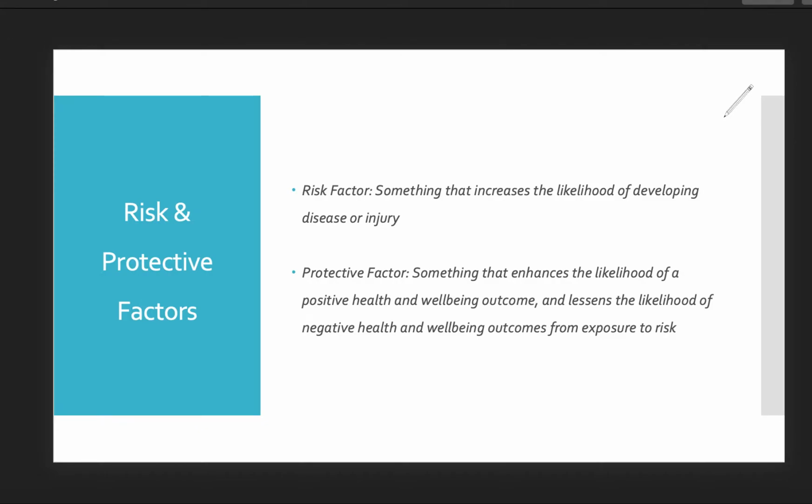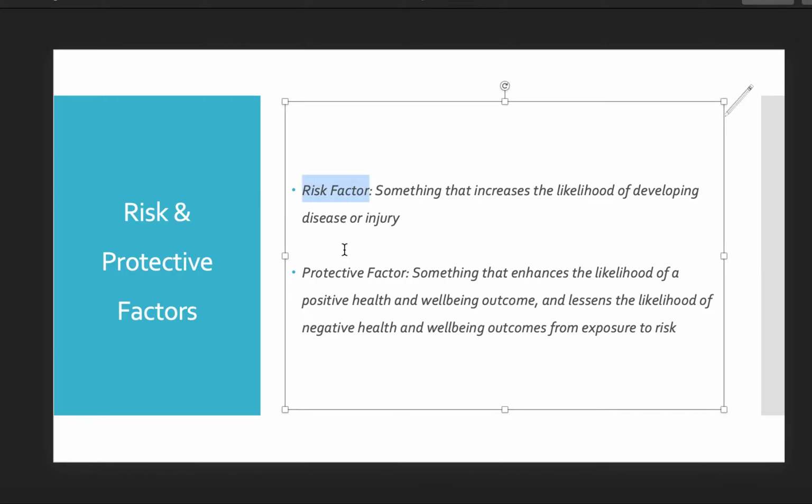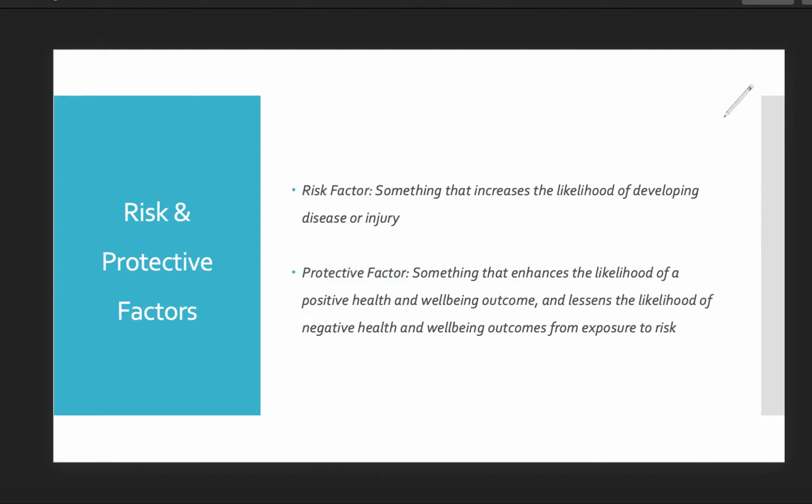So, there are two main things that I'm talking about right here, and they are these bold words: risk factors and protective factors. And this is examined on the SAC at the end of the term. So, a risk factor is something that increases the chances or likelihood of developing a disease or injury.